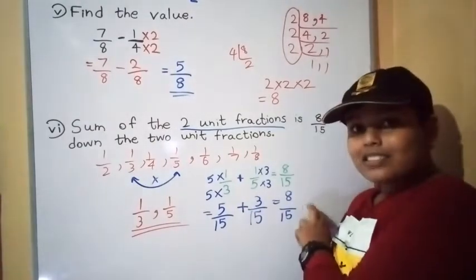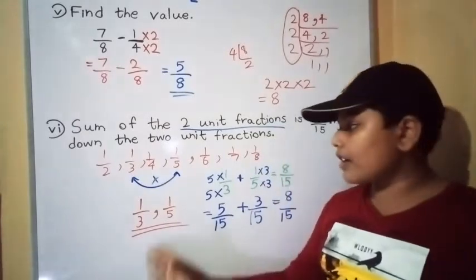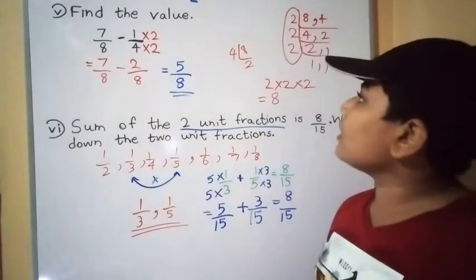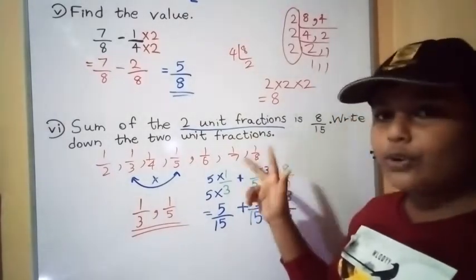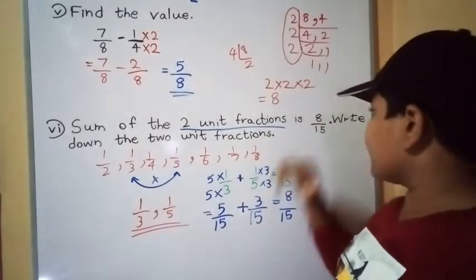Now you have the answer 8 over 15. Now you can write these two unit fractions 1 over 3, 1 over 5. These are the two unit fractions for 15 over 8.